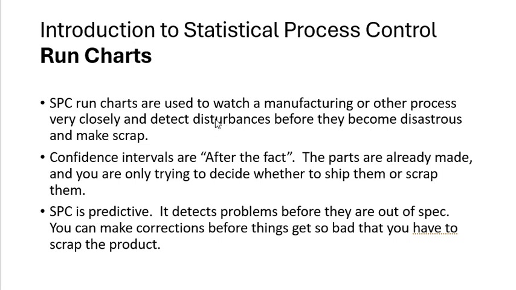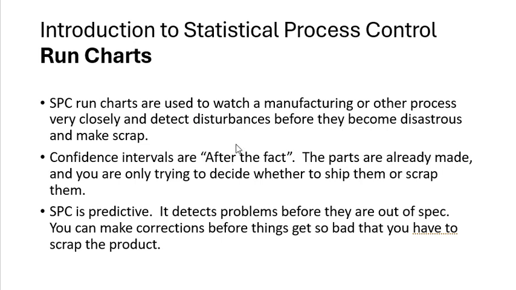So these data points are collected, and then we're going to plot those data points in sequence. It allows you to observe whether a process is stable or performing as expected, okay? So we're just monitoring our process over time. And SPC run charts are something that we use to do that.